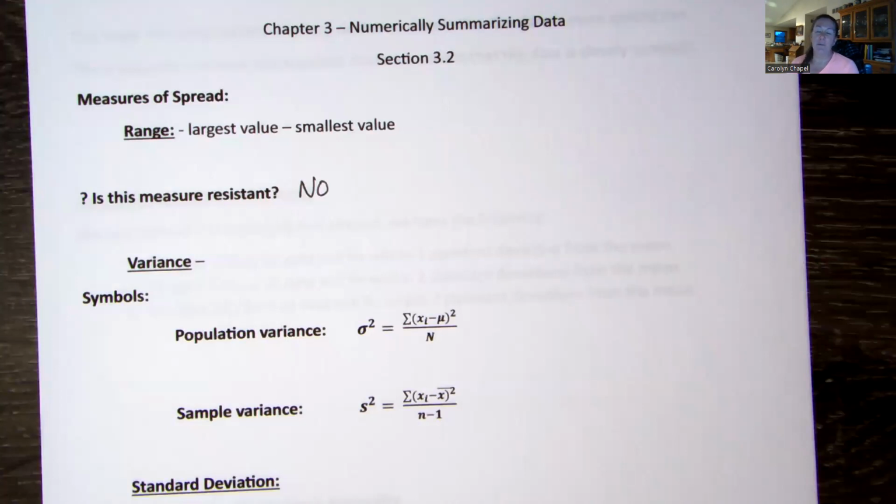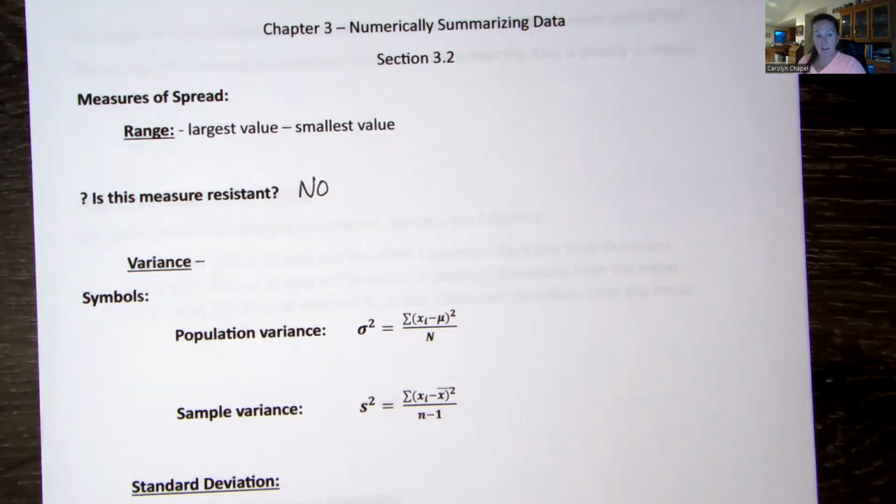Most of the time people will use it in a sentence, like they'll say the data ranges from this value to that value. But I want to remind you that when we find the range, we take the largest value and subtract off the smallest value. And then we can say it ranged 10 units or 15 units or whatever that happened to be.